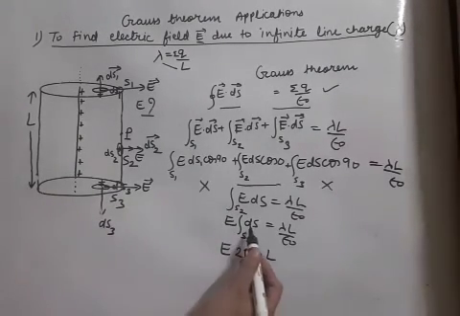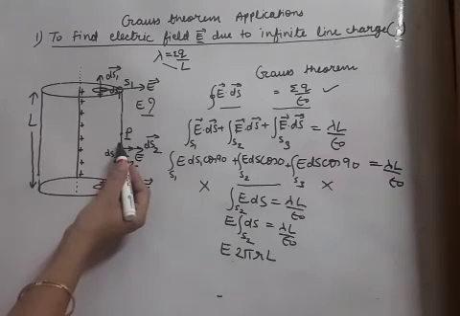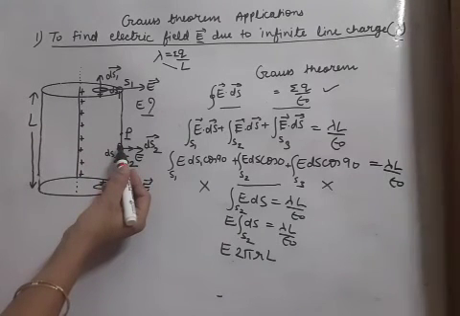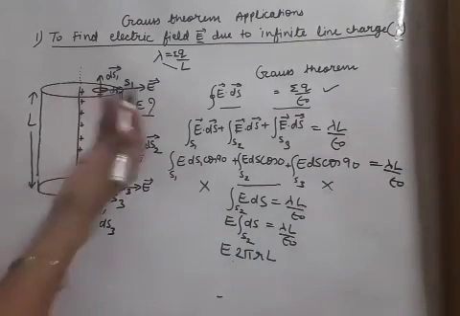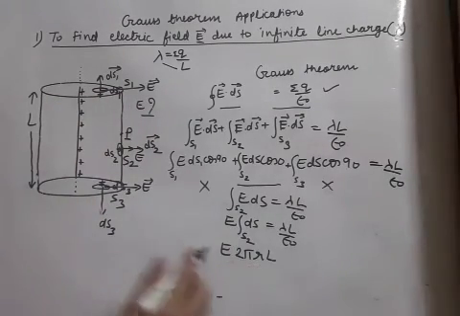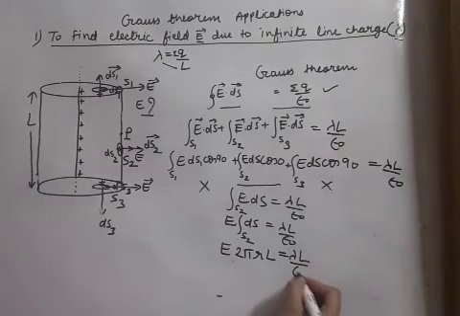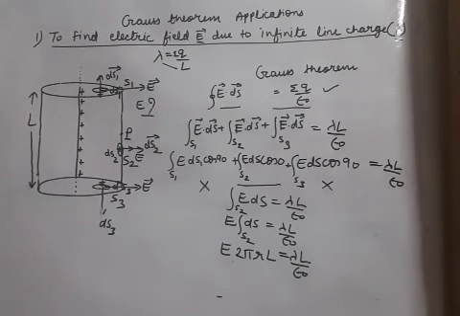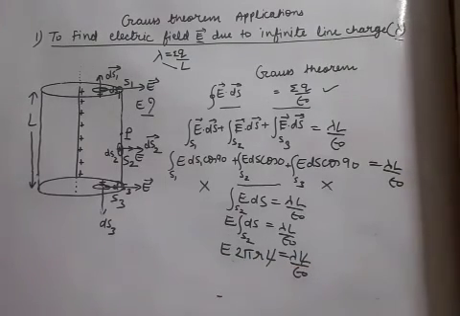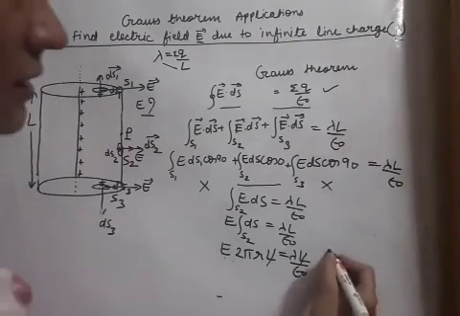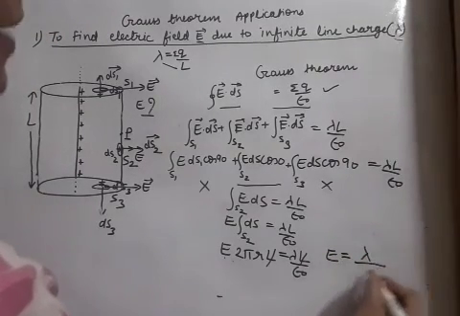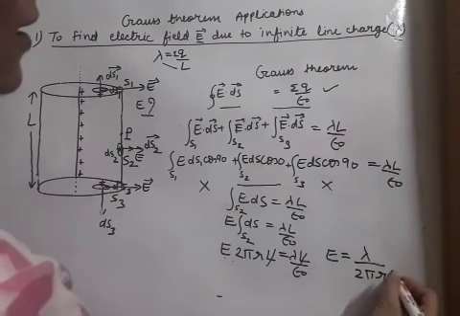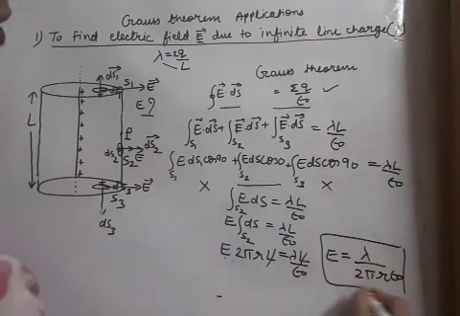I can repeat it. ds means part of the curved surface, and integration of ds means the whole curved surface. So the whole curved surface formula is 2 pi RL for the cylinder. We will equate it with lambda L upon epsilon 0, and further L will be cancelled. Our target is to find this E. So the electric field formula becomes lambda upon 2 pi R epsilon 0. This is the final answer.